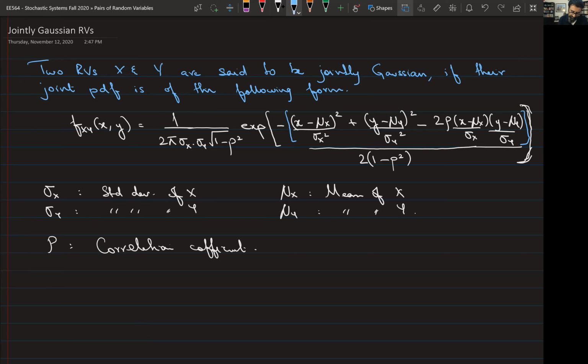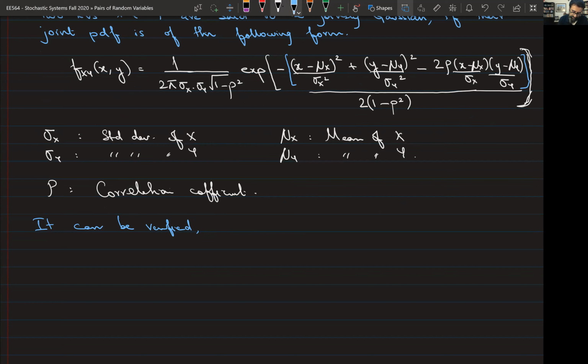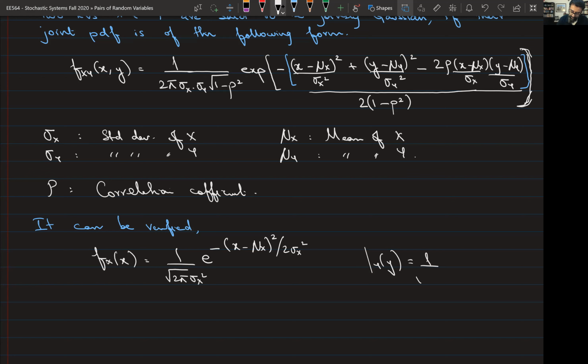Okay, it can be verified, and I'll let you do this because this is going to be tedious, but it's doable, that when you obtain the marginals, f_X(x) turns out to be equal to 1 upon root 2 pi sigma x squared, e raised to the power minus (x minus mu x) whole squared over 2 sigma x squared, and f_Y(y) equals 1 upon root 2 pi sigma y squared, e raised to the power minus (y minus mu y) whole squared over 2 sigma y squared.